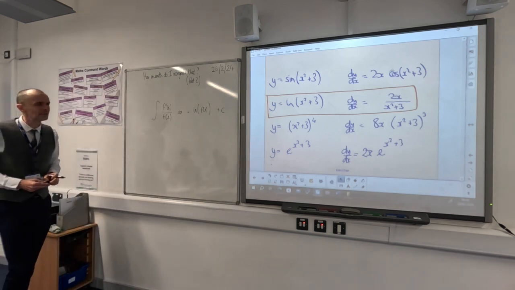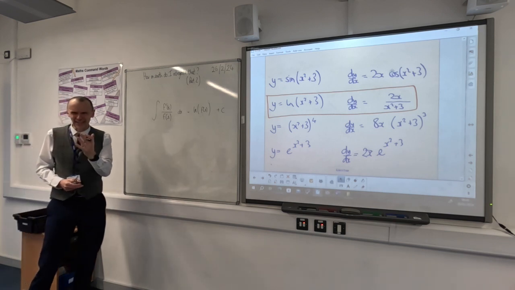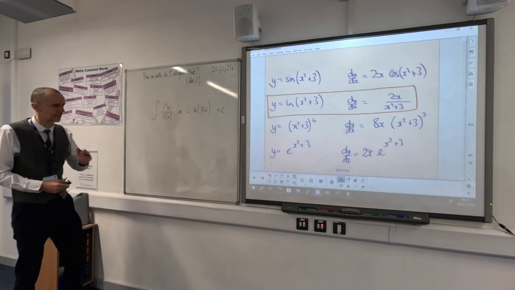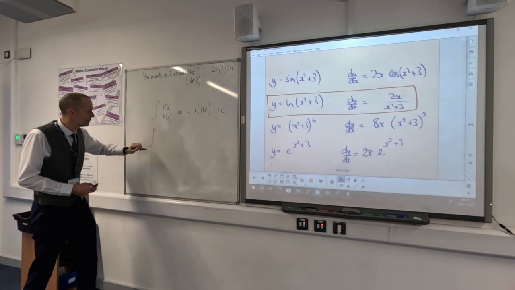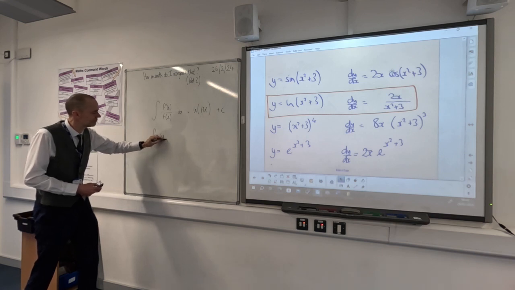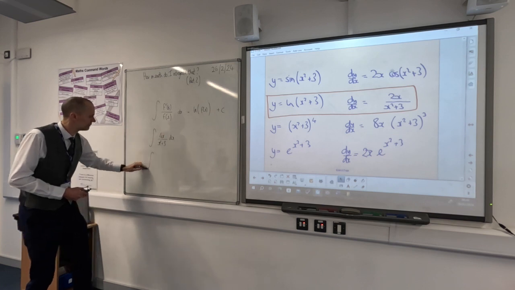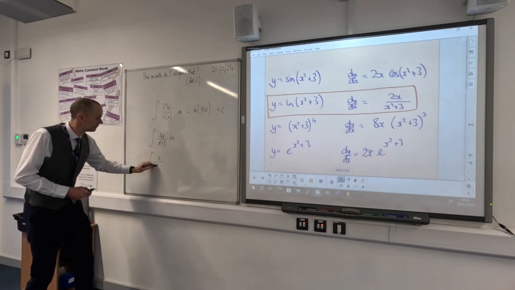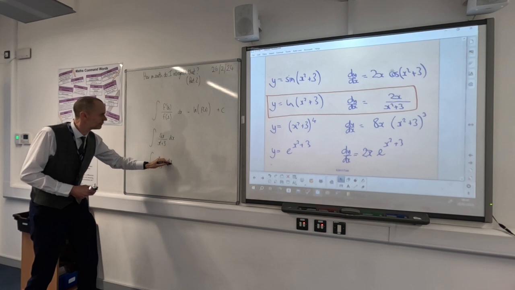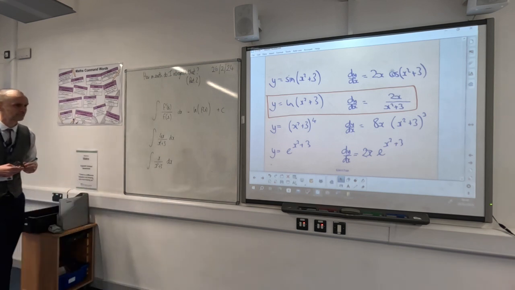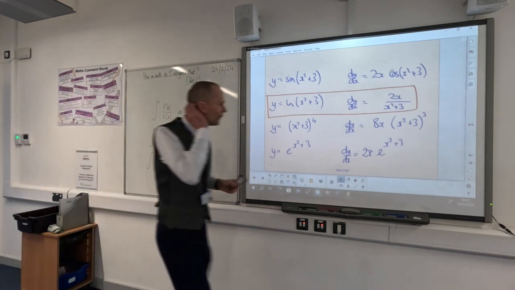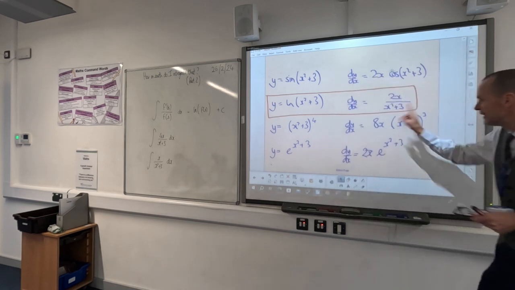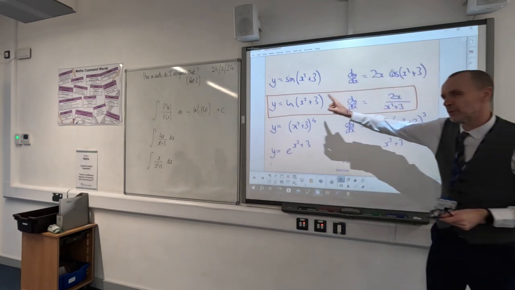But what about if it looks a bit like that, but not exactly like that? So for example, I know if you ask me to integrate this, then that will be my answer.